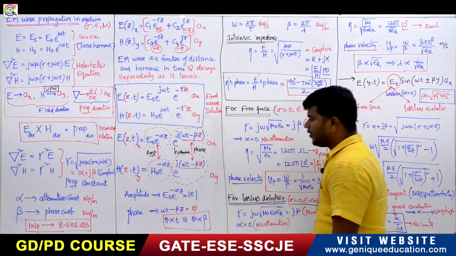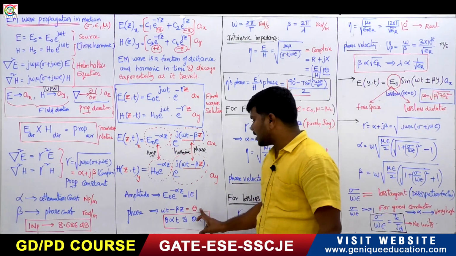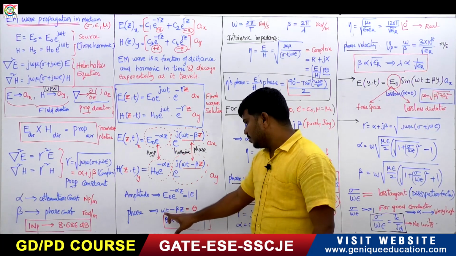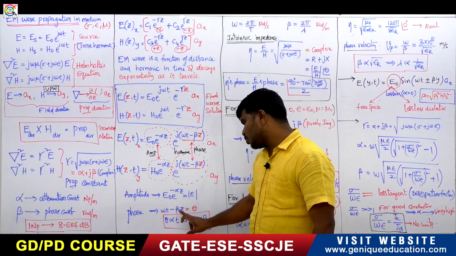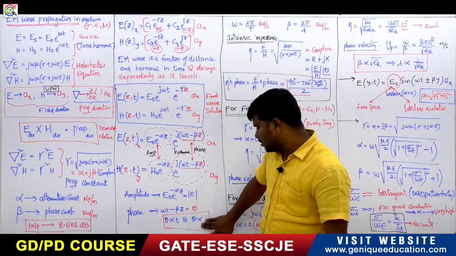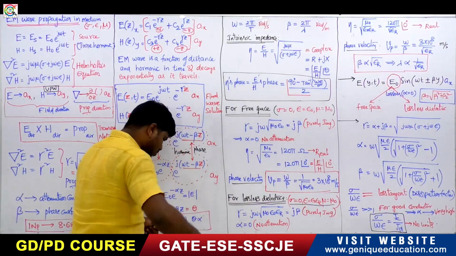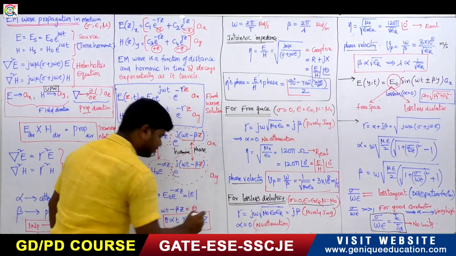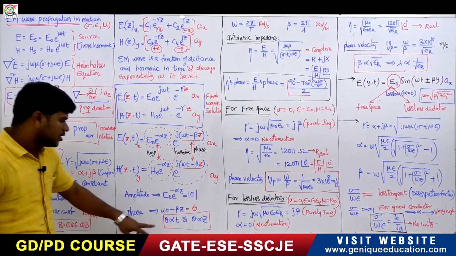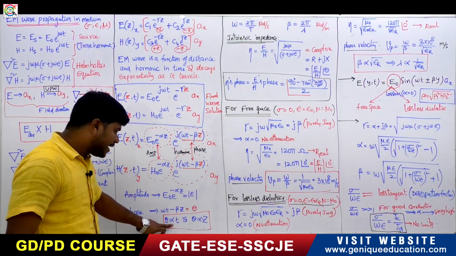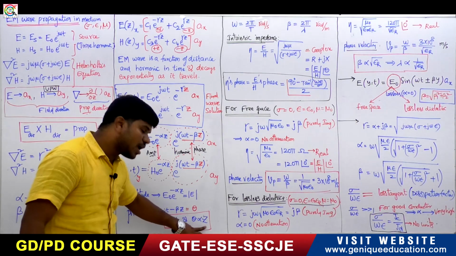So this is the phase. From this expression we can write that the phase is proportional to t and the phase is proportional to z. This is the thing you have to understand. The phase of an EM wave is dependent on time and dependent on distance.